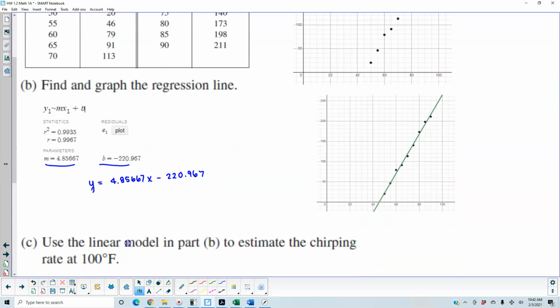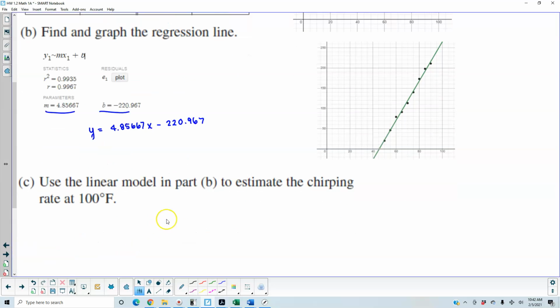And then part C, the last question, says use the linear model in part B to estimate the chirping rate at 100 degrees Fahrenheit. So we have y equal to 4.85667 times 100 minus 220.967.